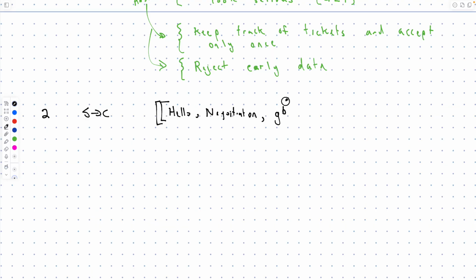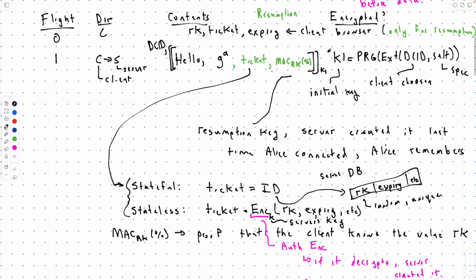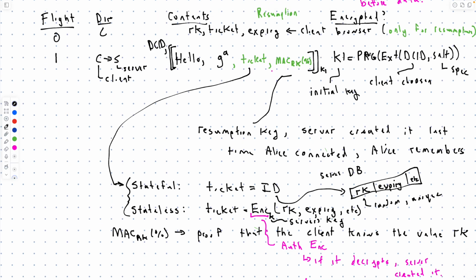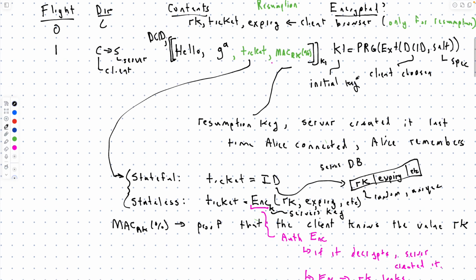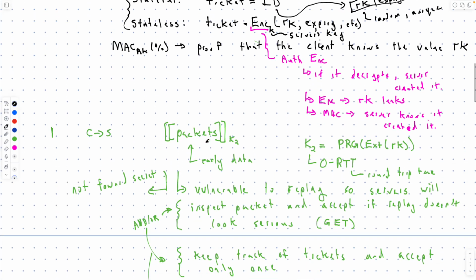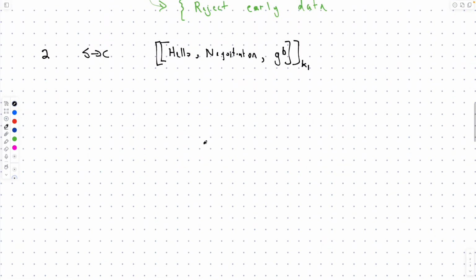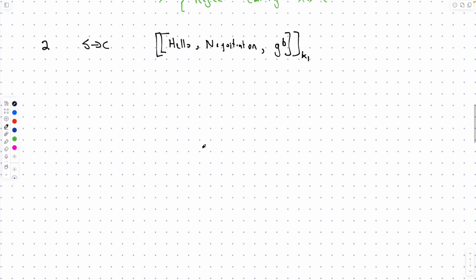All of this we're going to encrypt under K1, which we've already seen up here. It's the same, the not secret key. Then it's going to send its certificate.